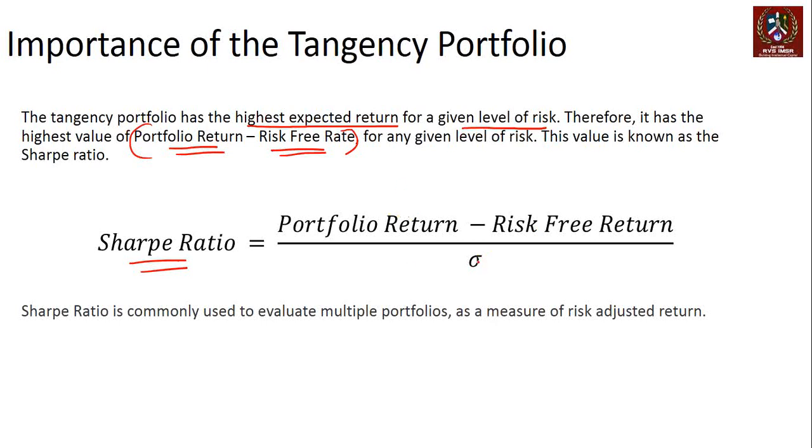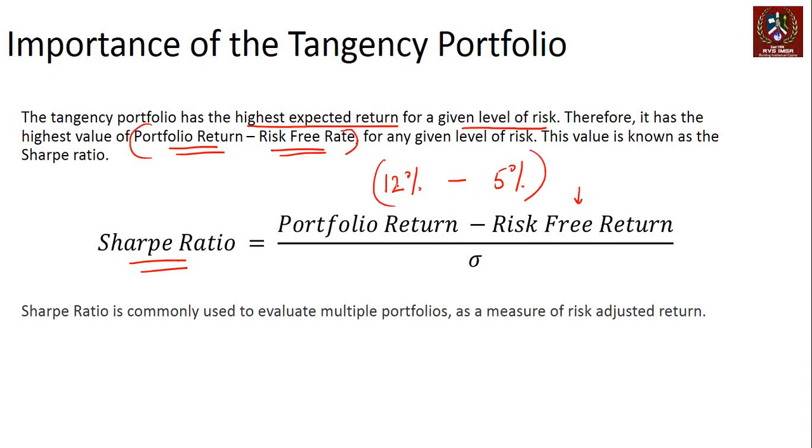This means that you get a risk-free return generally. This is available without taking any risk. Whatever portfolio return you get, for example, let's say you get a portfolio return of 12% minus 5%. You are taking risk only to generate this excess 7% return. 5% was available without any risk.